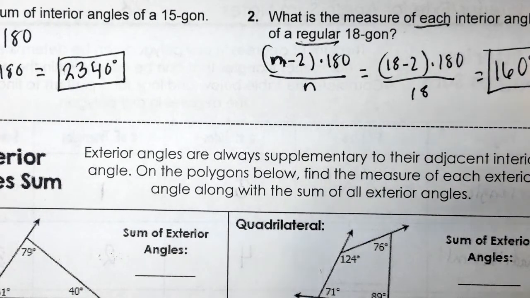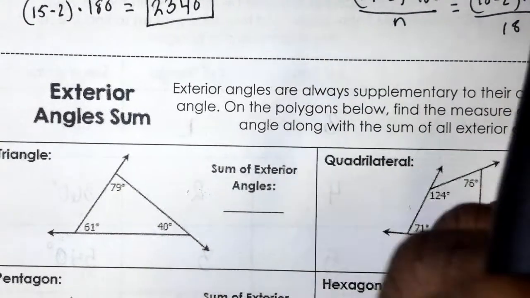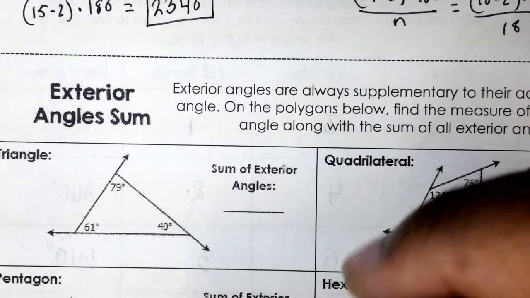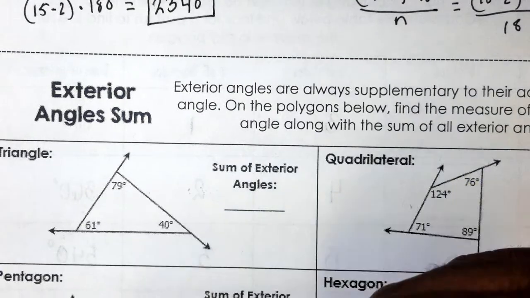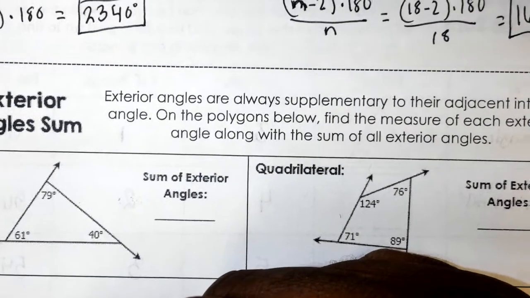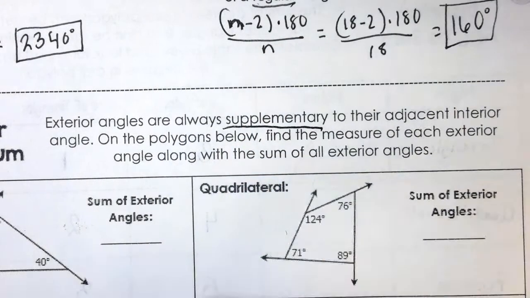So that's interior angles. Switching your mind over, I'm doing exterior angles now. This is exterior angle sum. It says exterior angles are always supplementary. Supplementary meaning what, Reese?